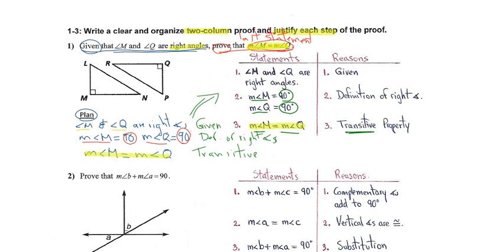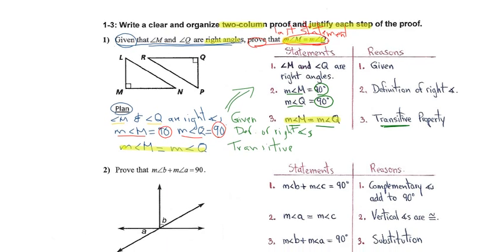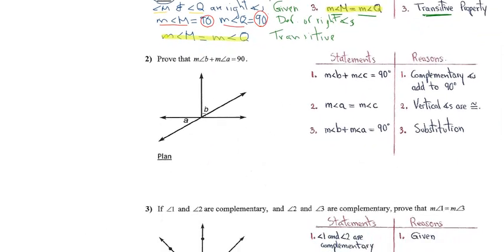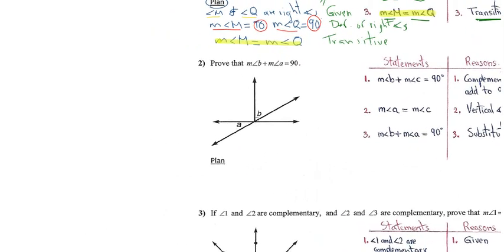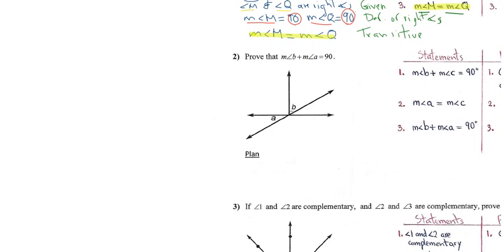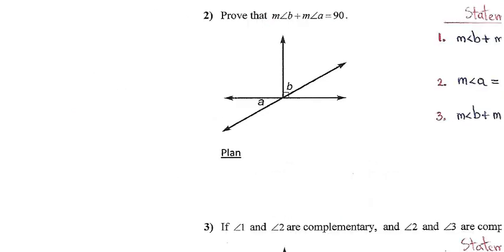Let's take a look at the second proof, and let me hide that so we can just take a look at what we have in the diagram and plan our proof. In this case, if you read it, it just says prove that the measure of angle M plus the measure of angle B is equal to 90 degrees.